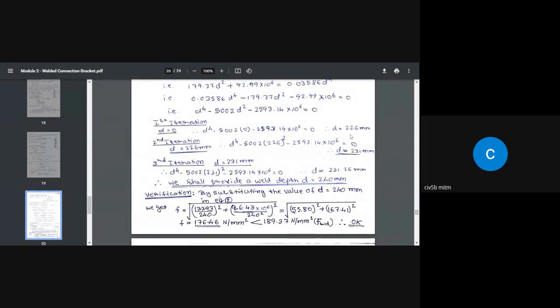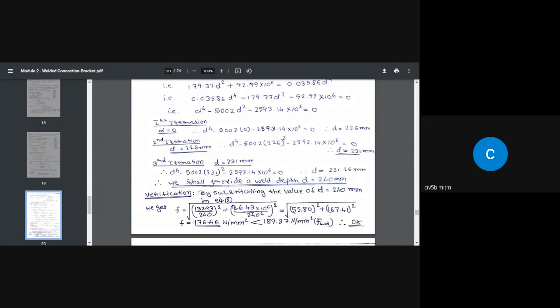So start with some initial value. As you progress, the value of d, or the value of the unknown, converges towards the true value. See, 0 to 226, 226 to 231, next 231 to 231.26.